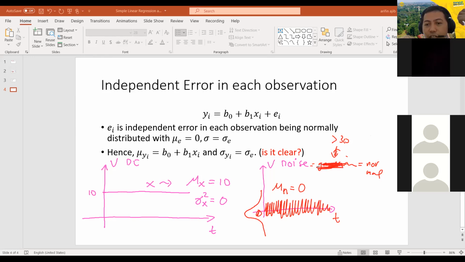Kalau normal distribution itu rata-ratanya 0, kemudian standar deviasi noise-nya berapa? Sebut saja sebuah angka.